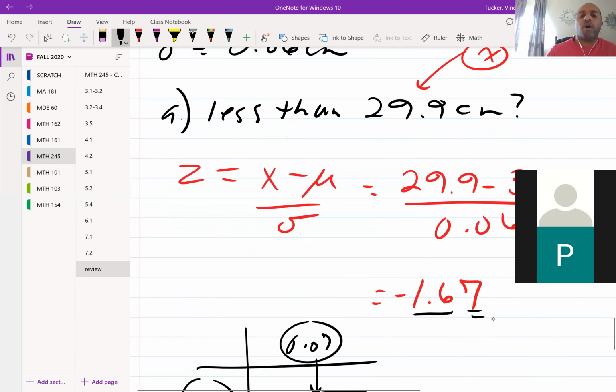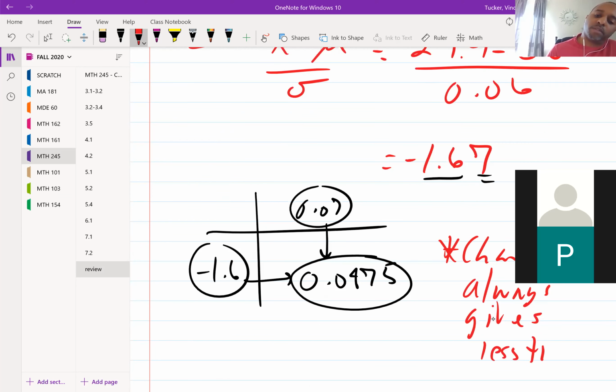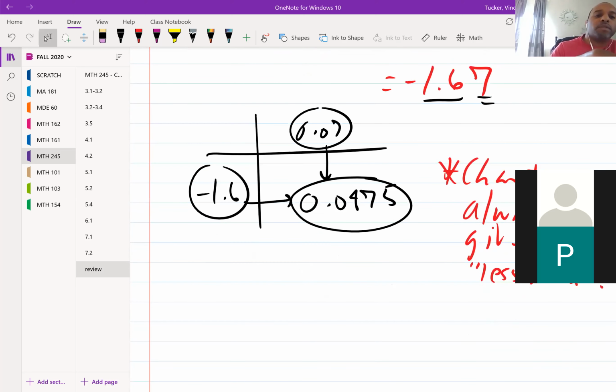Now, the chart always gives less than. So this is going to be our answer because we want less than.